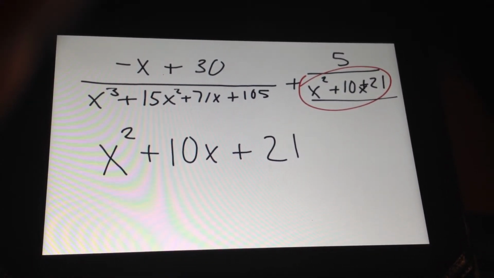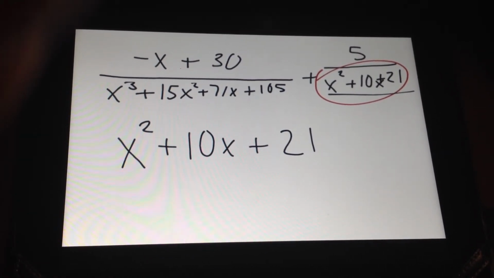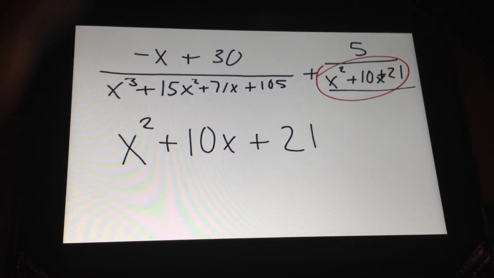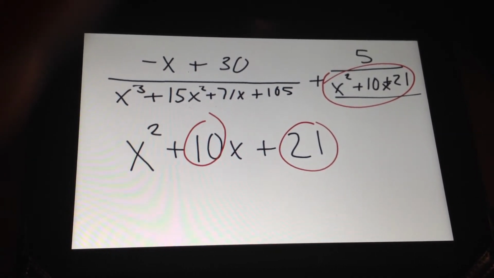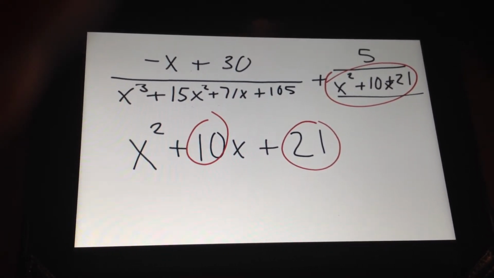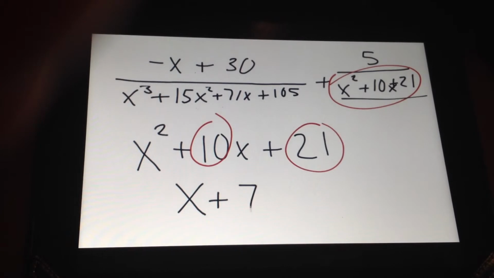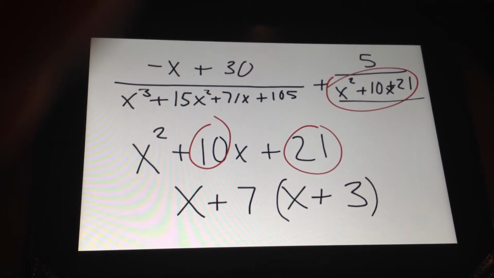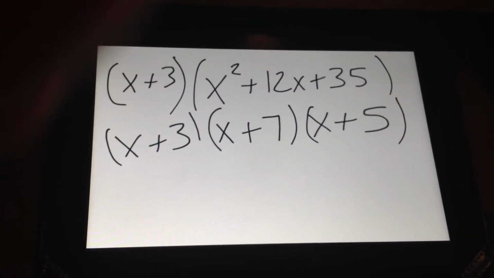And we pull it out, and it's just a regular 3-term polynomial with a leading value of 1. And it's all positive, so let's just factor it out. Something that multiplies to be this, that adds up to be this. And these two numbers would be x plus 7 and x plus 3. Now that's completely factored out. Let's put it in our equation.